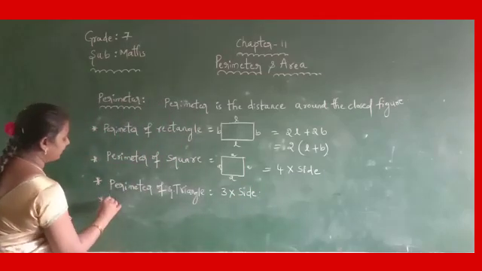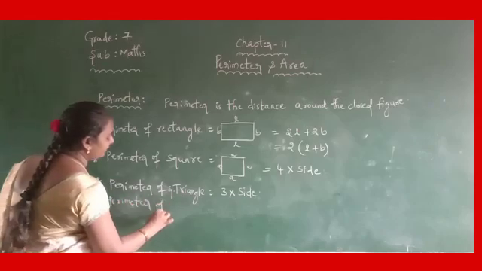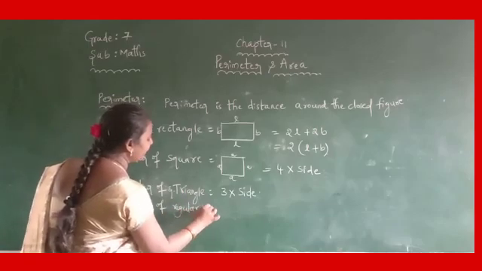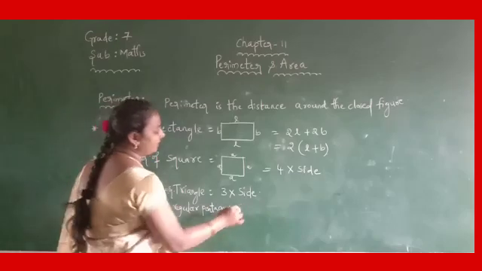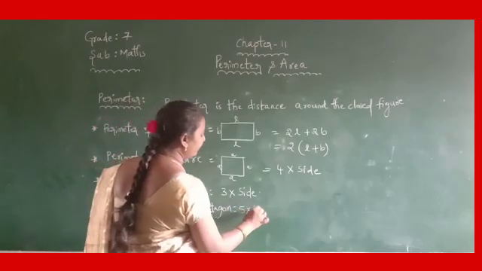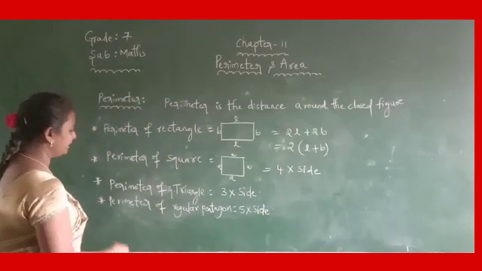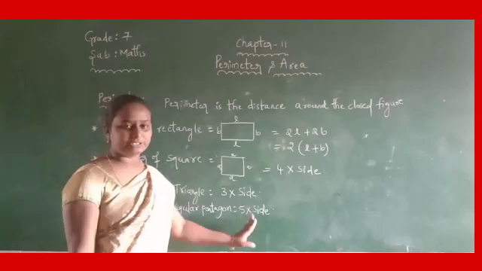Next, perimeter of regular pentagon. Pentagon means how many sides it has? 5 sides. So the perimeter is 5 into length of each side, 5 into side. Like that, perimeter of hexagon, 6 into side.